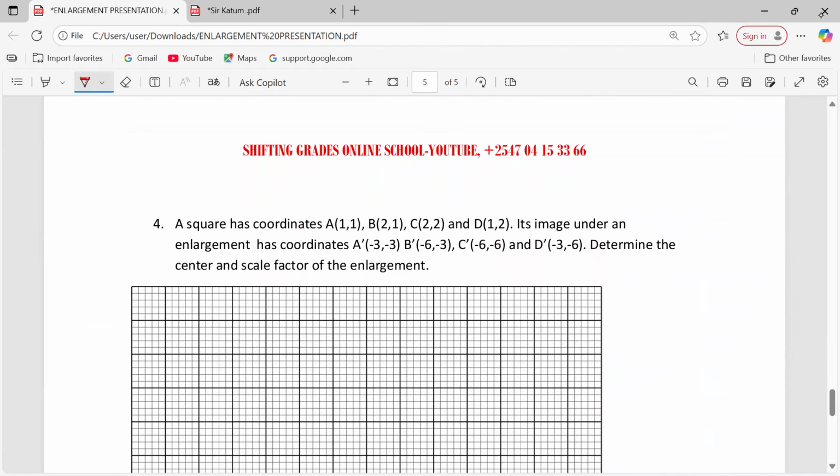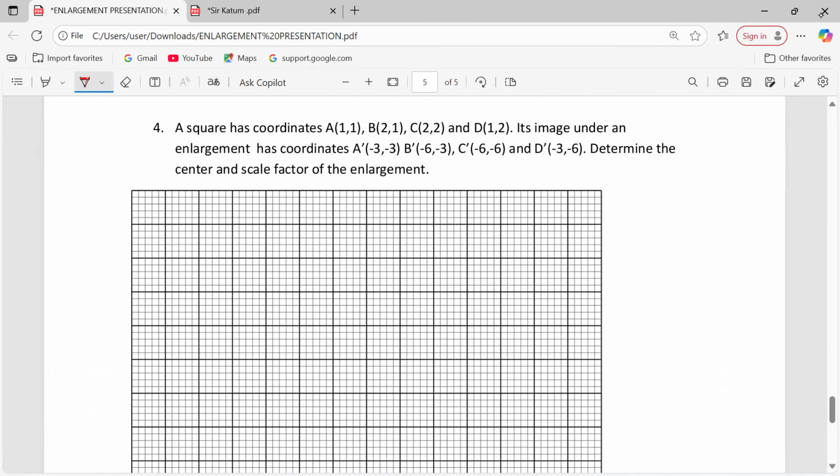So a square has coordinates 1, 1, 2, 1, 2, 2, 1, 2. Its image under an enlargement has coordinates -3, -3, -6, -3, -6, -6, -3, -6. Determine the center and the scale factor of the enlargement.